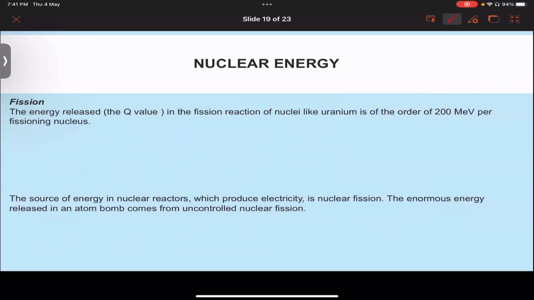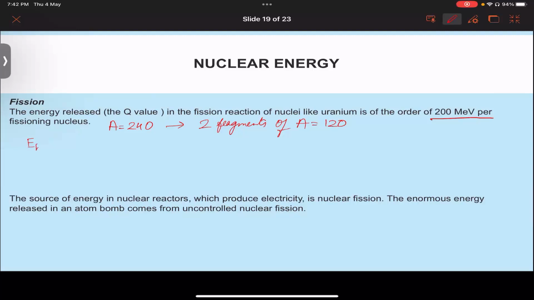The energy that is released, the Q value, is of the order of 200 MeV per fissioning nucleus. So how can this be estimated? Suppose we take A equals 240, and it is breaking into two fragments of A equals 120.